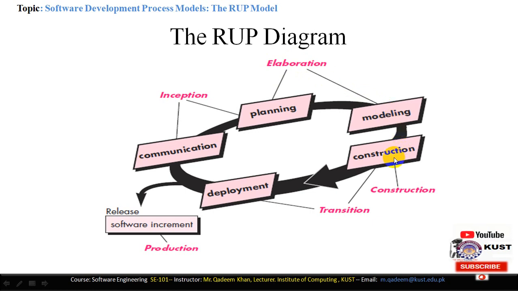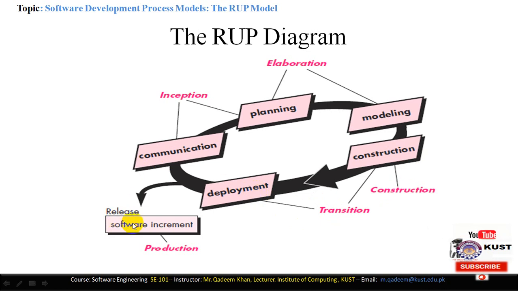Then we have the construction phase. Construction phase is concerned with the construction of the product, which means to practically implement the product using different technologies of the computer systems. Then we have the deployment. Deployment here means the transition phase, which means installing the product in the customer or user environments.